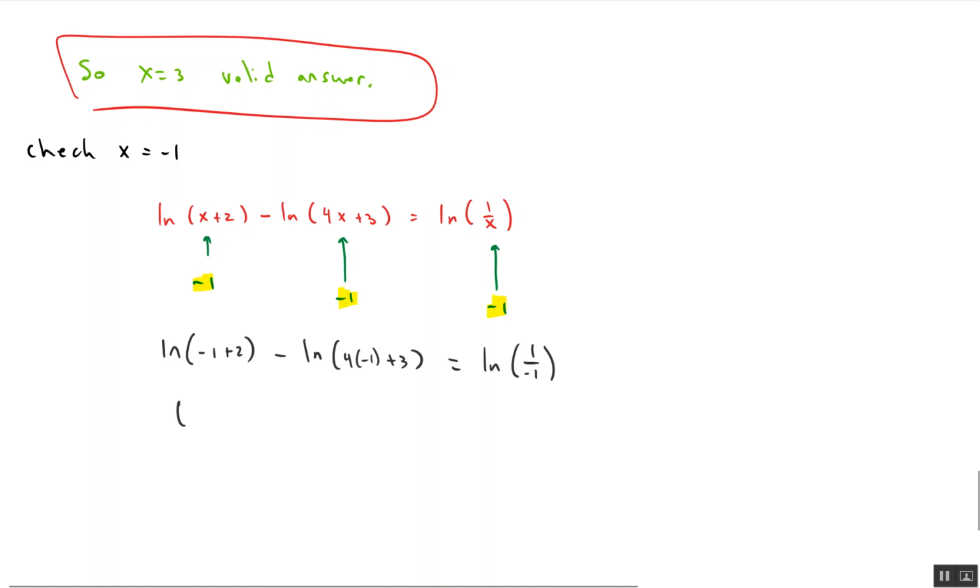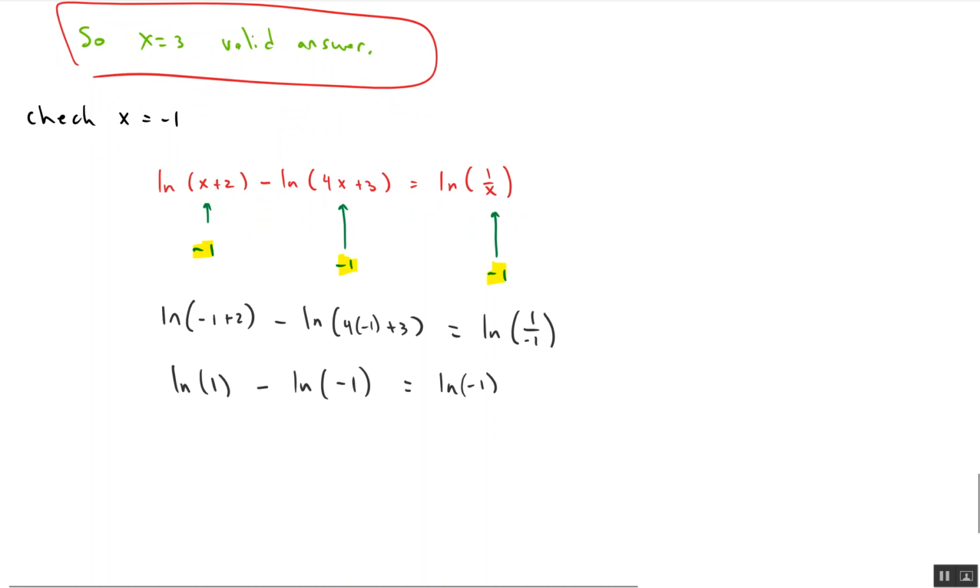So this gives us natural log of 1 minus natural log of -1 equals the natural log of -1. All right, so we've got an issue right away. We have -1s that are being used as inputs for our logs, and that can't happen. This is a big no-no because logs cannot accept negative inputs.